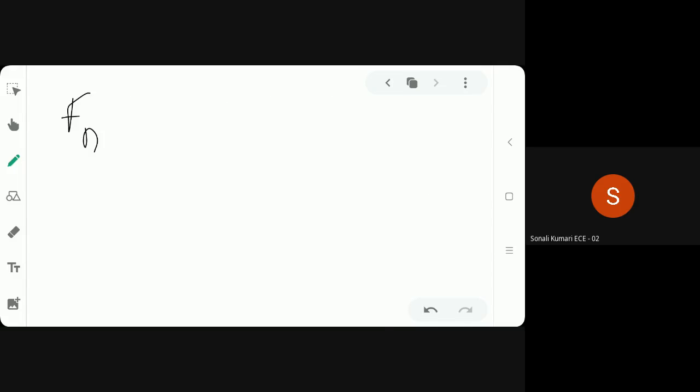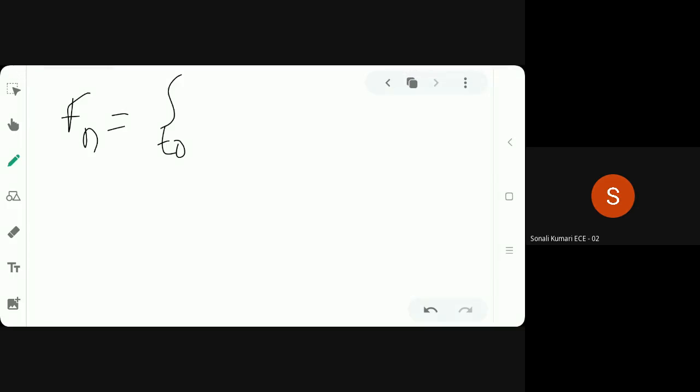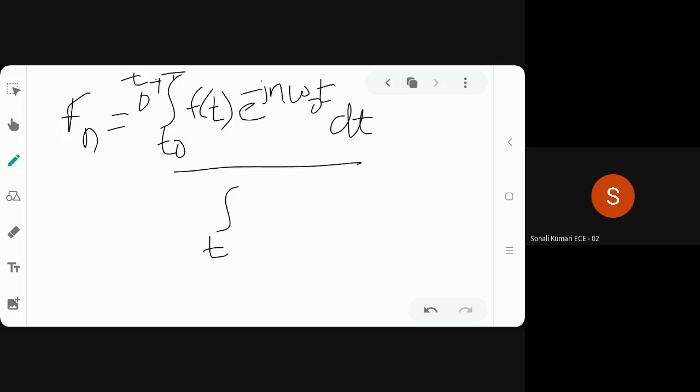So now what is Fn equal to? Fn equals integral t naught to t naught plus capital T, f of t into e power minus j n omega naught t dt, divided by integral t naught to t naught plus capital T of 1 dt. What is the integration of dt? It is t.